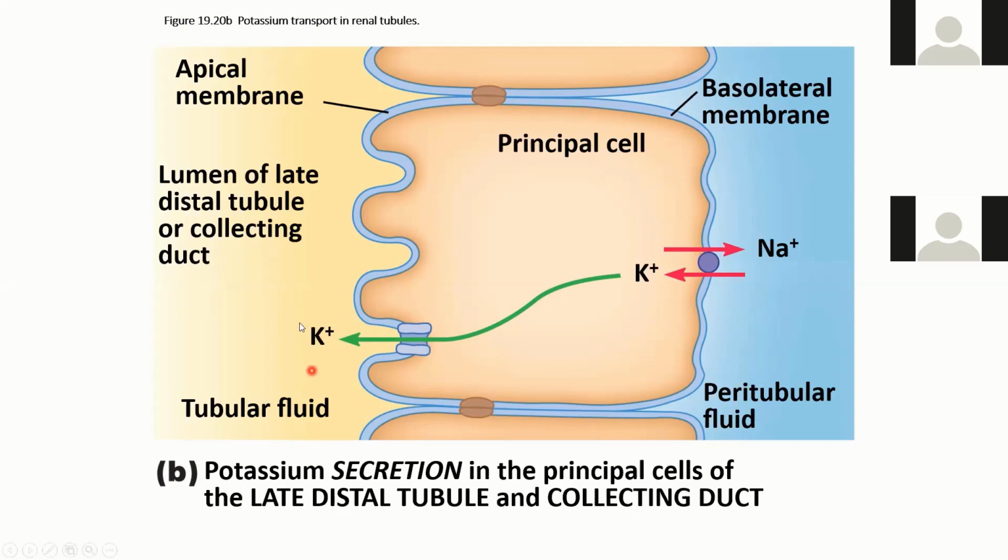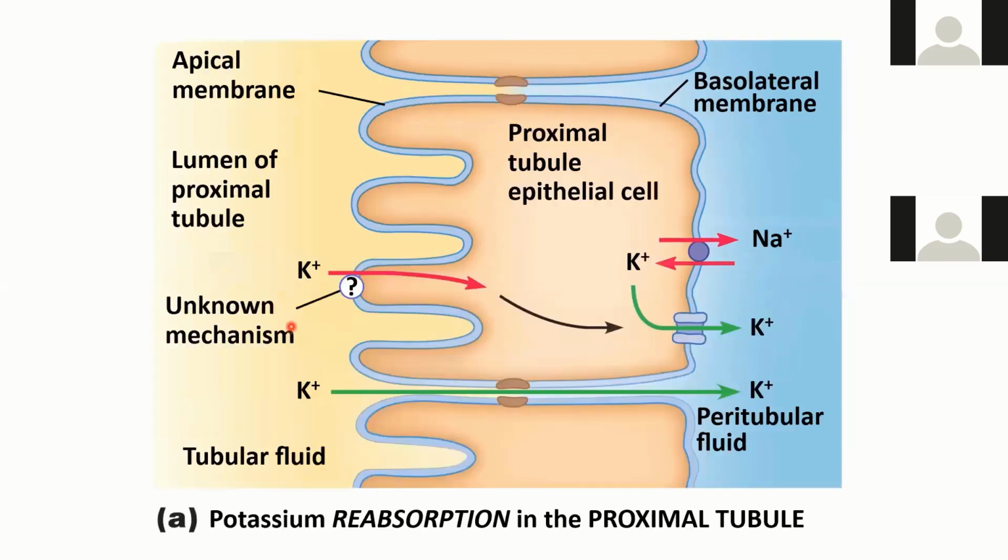At this point, the potassium concentration of the tubular fluid is kind of low because we've reabsorbed potassium in the proximal part of the nephron actively. Right, so we were reabsorbing it actively across the apical membrane through some mystery mechanism and also through these leaky channels because we're keeping low potassium concentration in the paratubular fluid because of our pump.